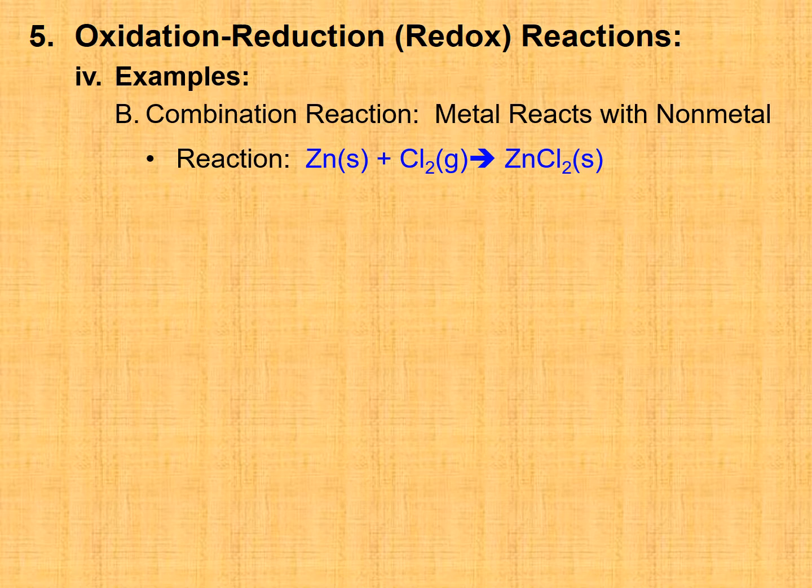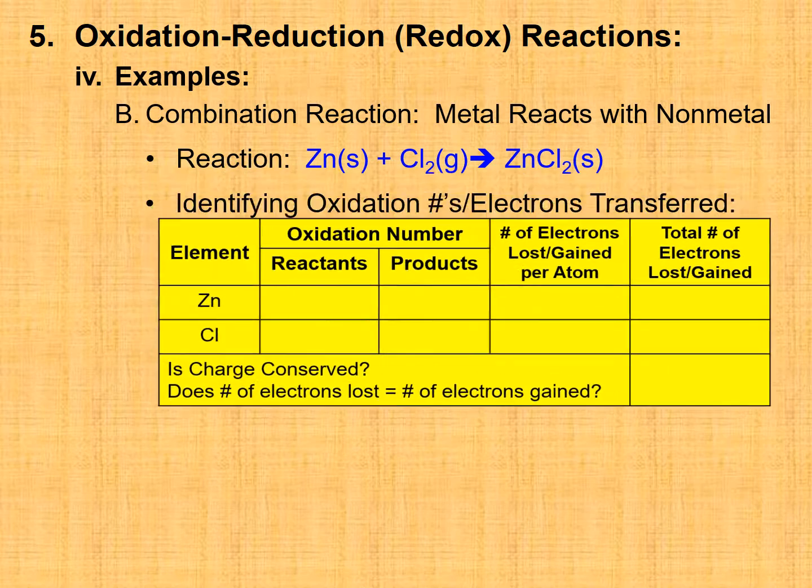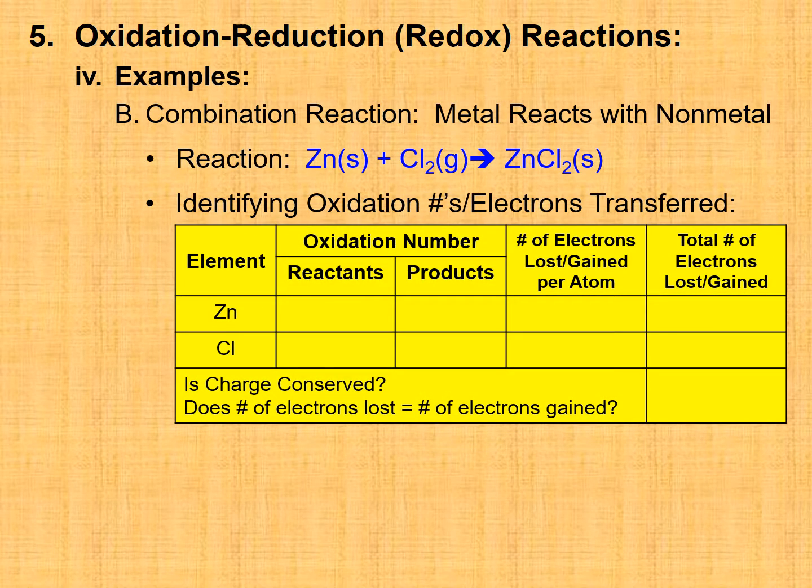Given the reaction, we start by identifying the oxidation numbers for each element in the reactants and products. Remember that we can think of an oxidation number or oxidation state as the charge of the atom in an ionic compound or as the apparent charge of an atom in a molecular compound.